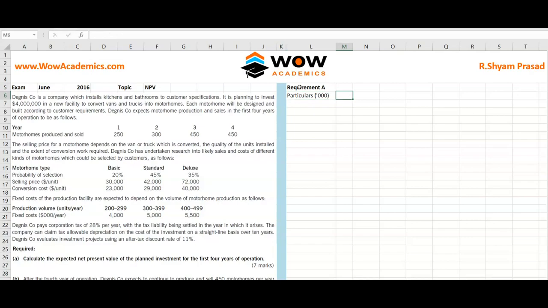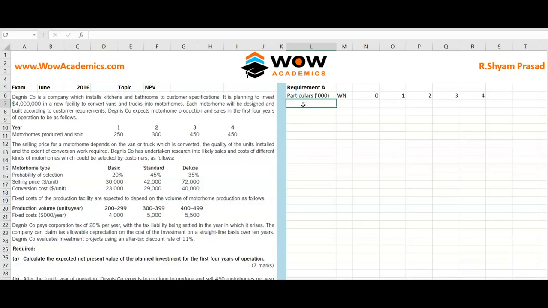We'll have working notes here to be referred to, and we'll start from the 0th year. 1, 2, 3, and 4 are the 4 years of operation. So they have given it for the 4 years of operation. We don't need to have the 5th year because tax is not in arrears. Tax is paid in the year in which it arises. So no 5th year is required.